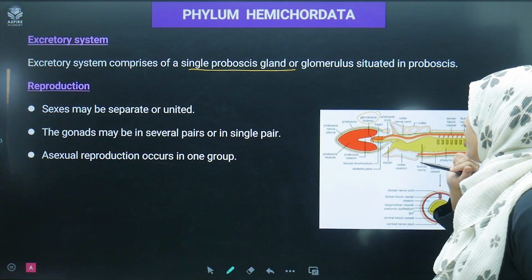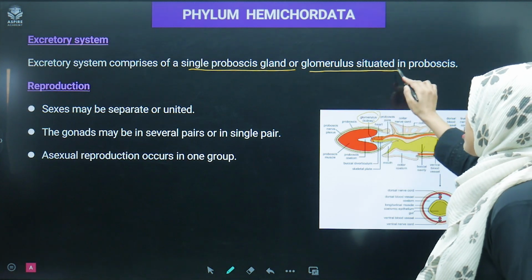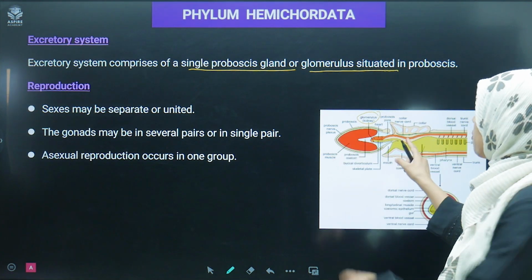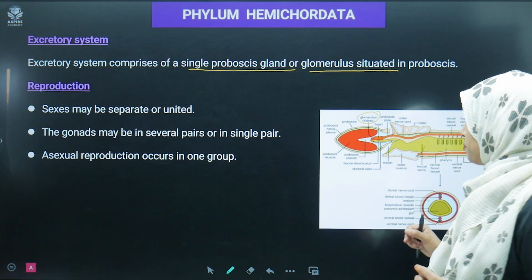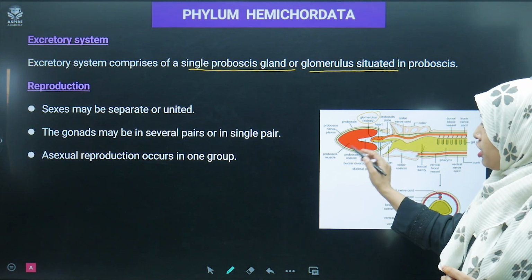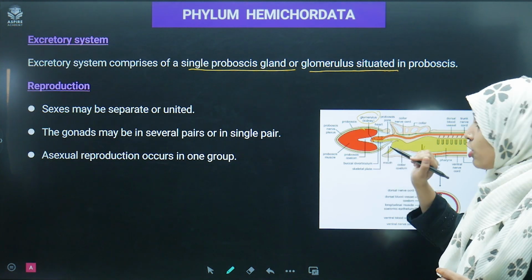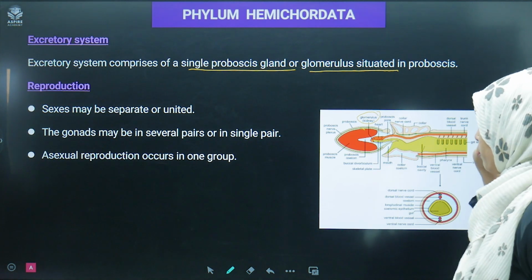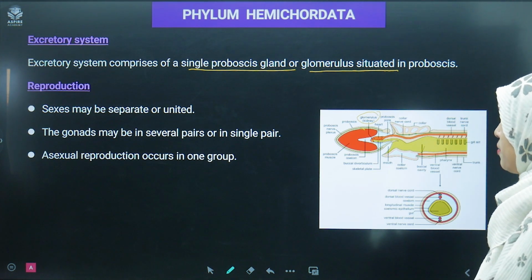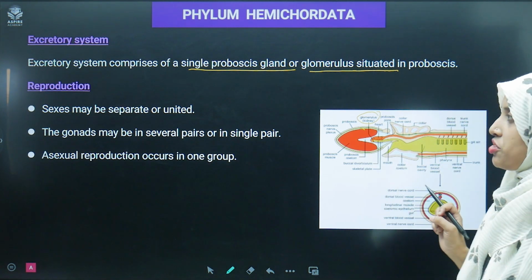Here there is a gland, the proboscis gland or glomerulus, situated in the proboscis region, and it will only help in excretion. Here you can see proboscis muscles, and the proboscis nerve plexus is also placed over here. Finally, this glomerulus helps in excretion.